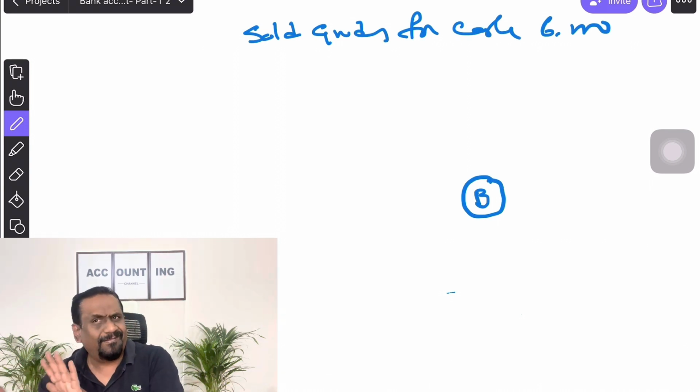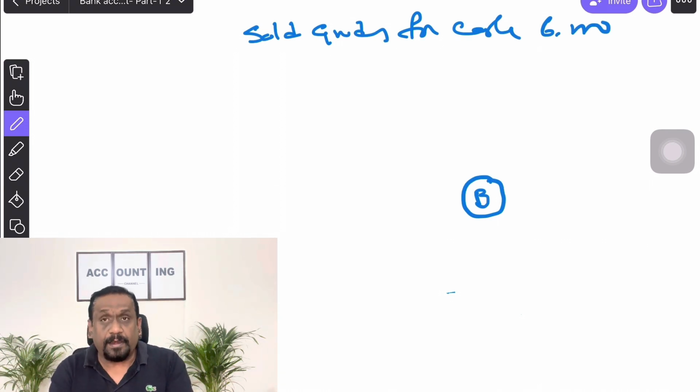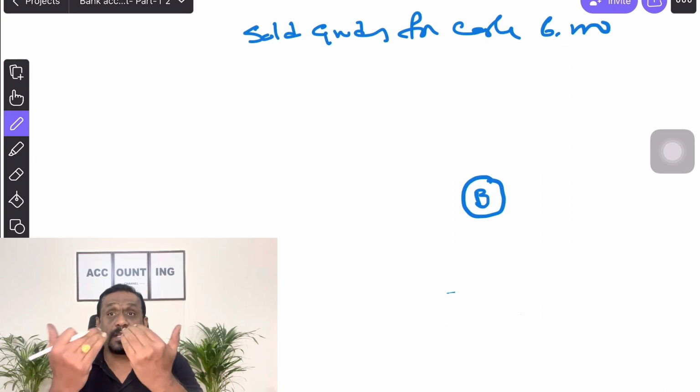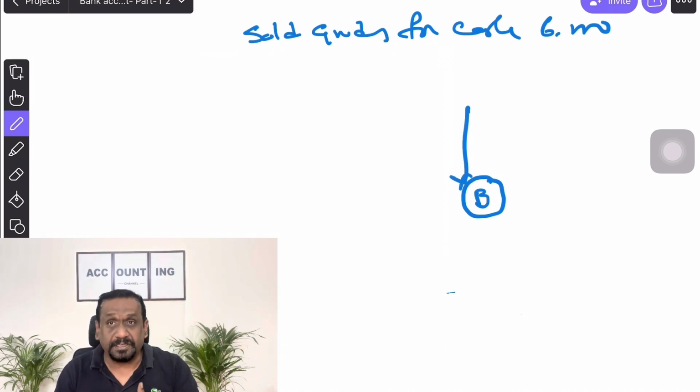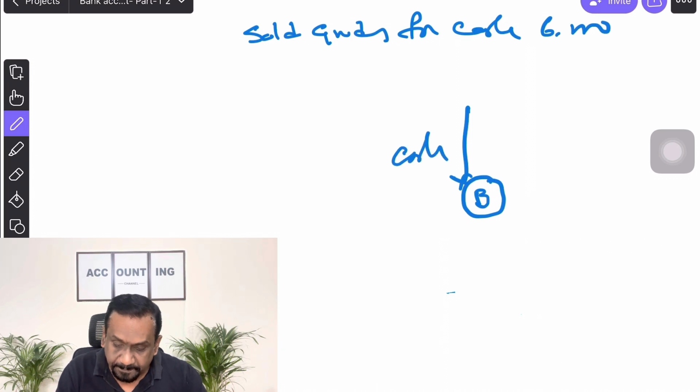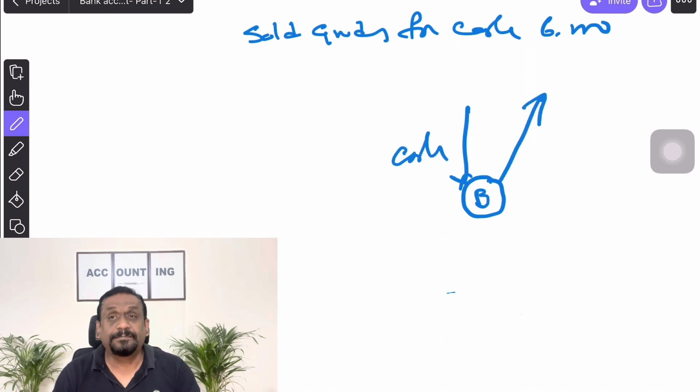What goes out? Very simple. Here, when we sold goods for cash, what comes in? When we sell goods for cash, so cash comes in, right? So cash. What goes out? Goods goes out. Clear? Goods.